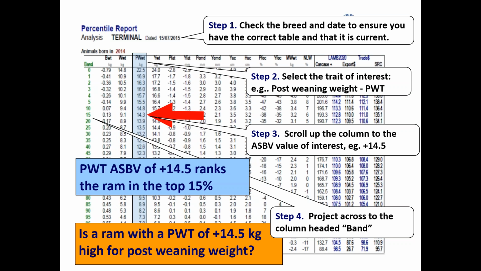Probably the top 5% hardly see the light of sale pens. They're usually held by the ram breeders for their own use. So really, when you're in the top 10 or 15%, you're really dealing with the top end. By the way, there's that 8.2.